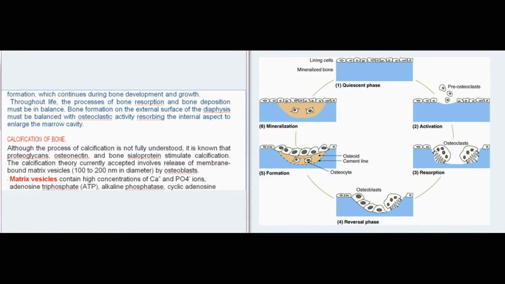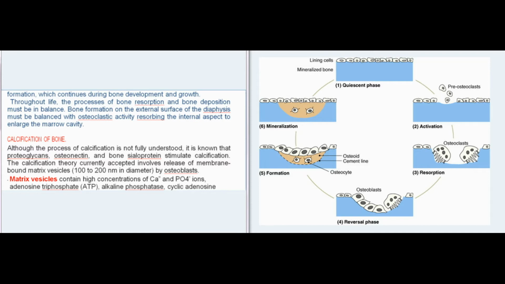Calcification of bone. Although the process of calcification is not fully understood, it is known that proteoglycans, osteonectin, and bone sialoprotein stimulate calcification. The calcification theory currently accepted involves release of membrane-bound matrix vesicles, 100 to 200 nanometers in diameter, by osteoblasts.